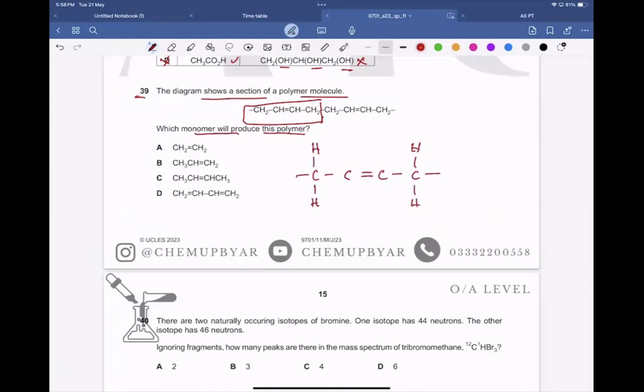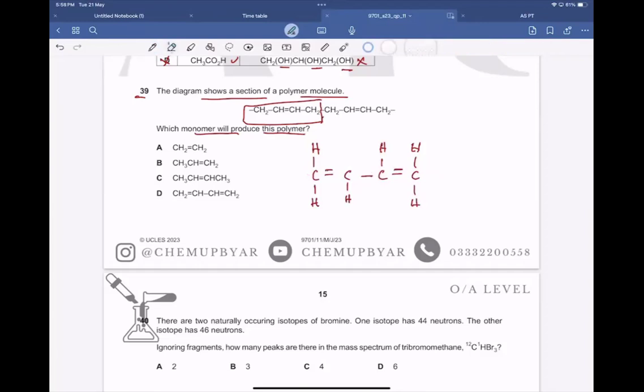On both the sides there are, okay. So when these bonds are broken, they are going to form a double bond over here. But when you form a double bond over here, the carbon in the middle already had a single bond. So this bond can be broken. So this can be the monomer.